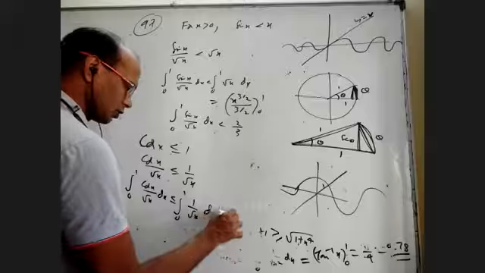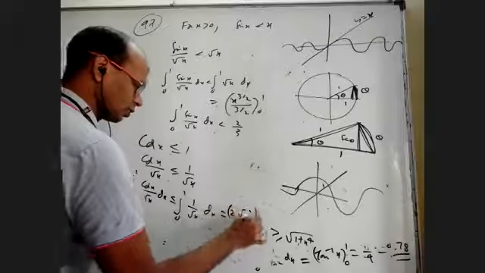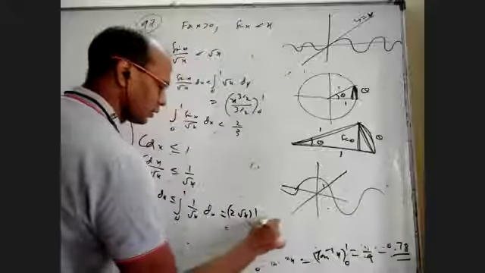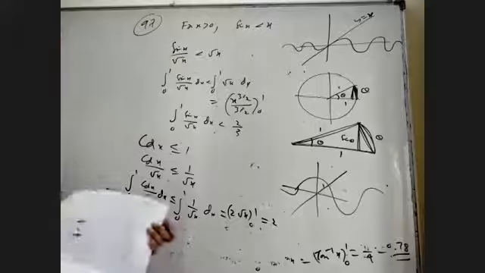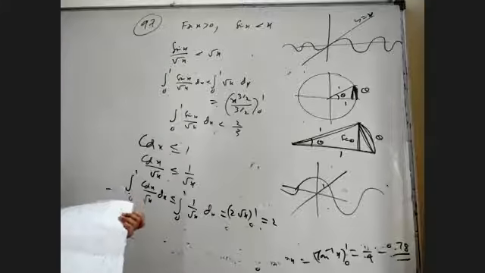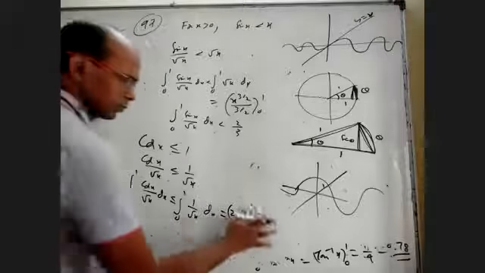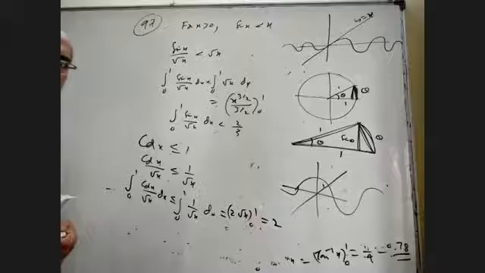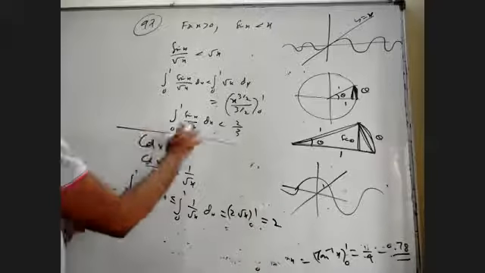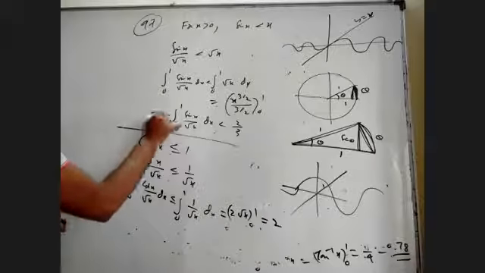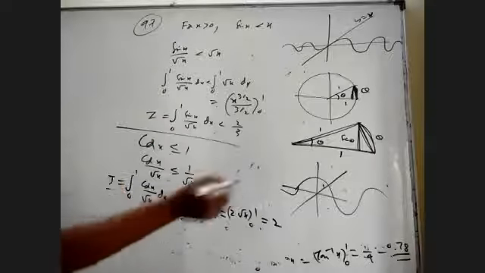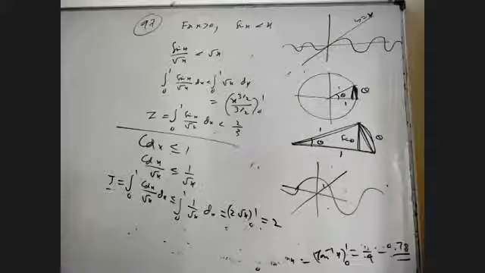This is 2 root x with limits 0 to 1, where I'll get 2. So it is less than 2. That much we are able to say, nothing more. The first is less than 2 by 3, which I think is called I, and this is called J, which is less than 2. Only that much we are able to conclude.